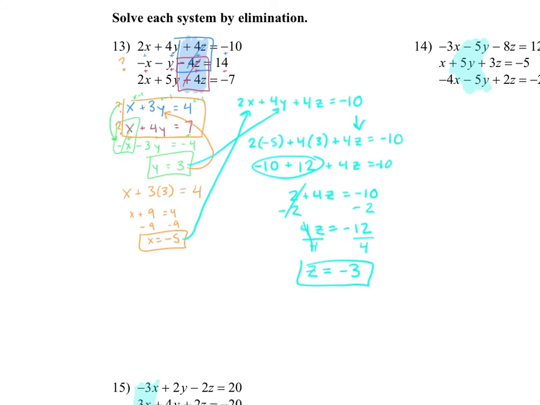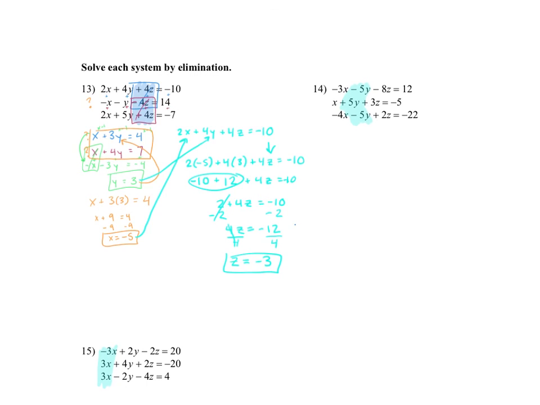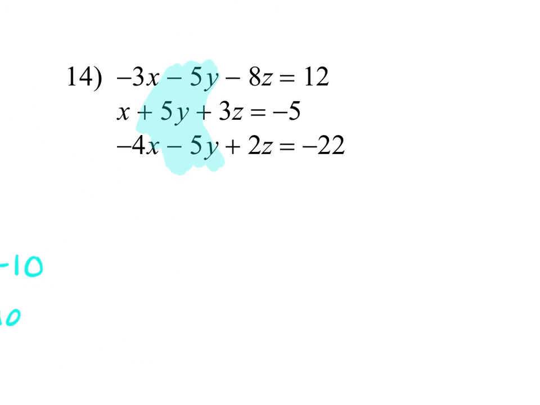Okay, let's go back and look at number 2. Let's look at 14. So yesterday, we said anytime that we have the same number, that's the variable we want to pick. So we have a 5y in all of these equations, so we want to pick y's to eliminate first.